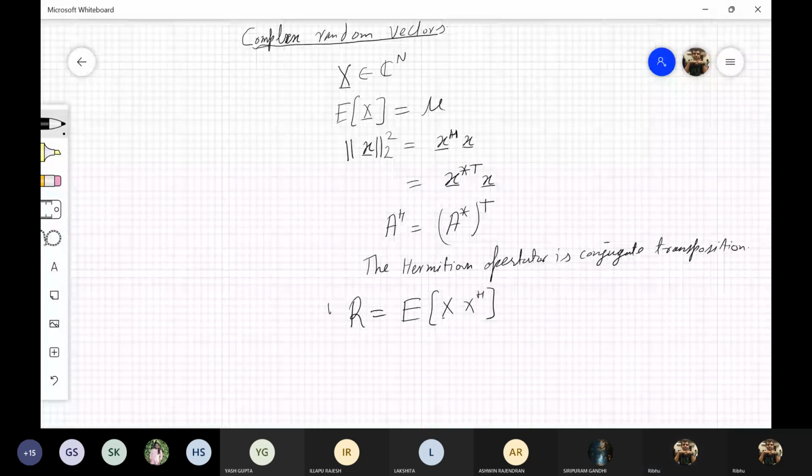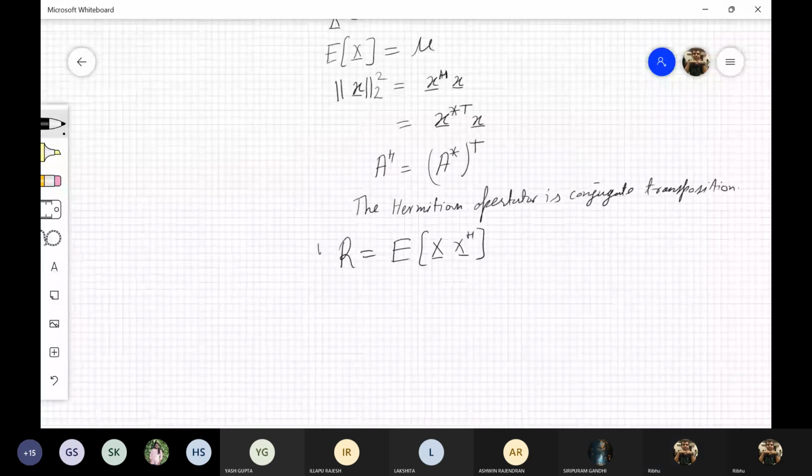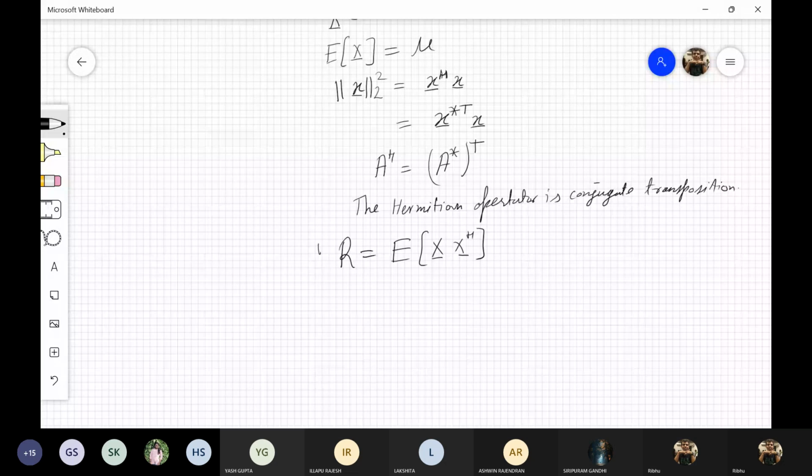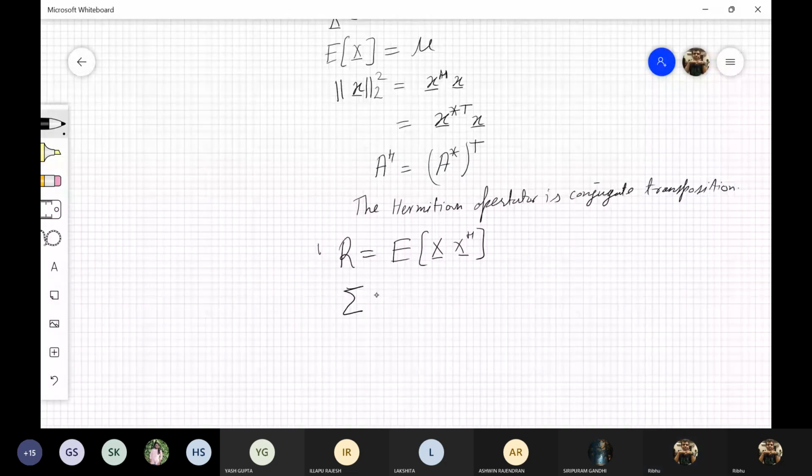Now with this knowledge, we define R, the correlation matrix, as the expectation of x x Hermitian, and the covariance matrix sigma as the expectation of (x minus mu)(x minus mu) Hermitian.